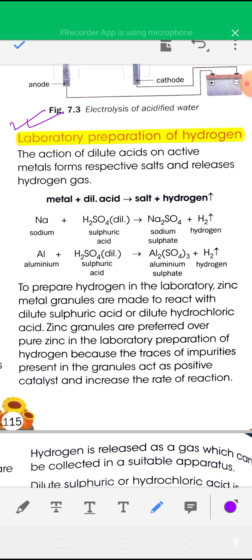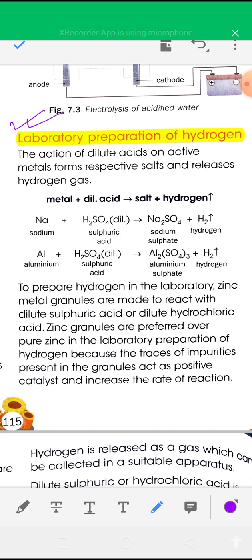by reacting different active metals like sodium, potassium, aluminium, iron, zinc. When all these active metals react with dilute acid, dilute sulfuric acid or dilute hydrochloric acid, that is dilute H2SO4 or dilute HCl, you will get hydrogen gas.